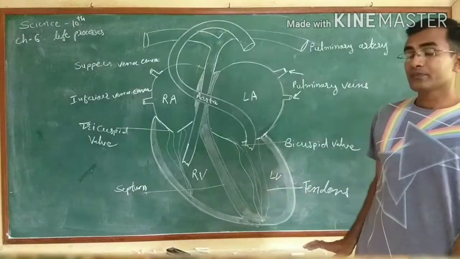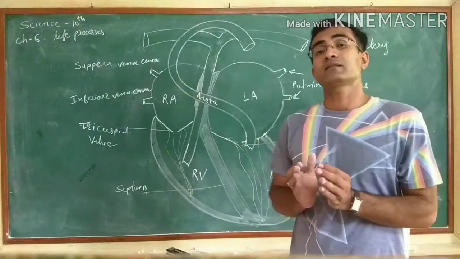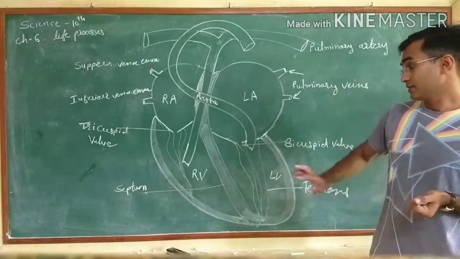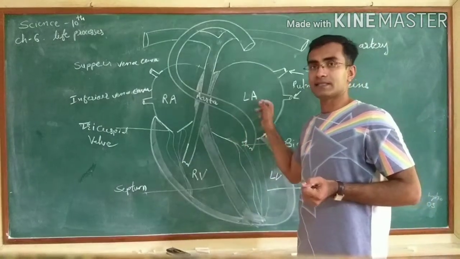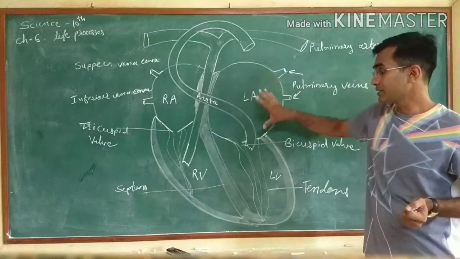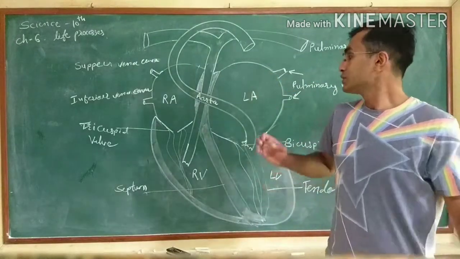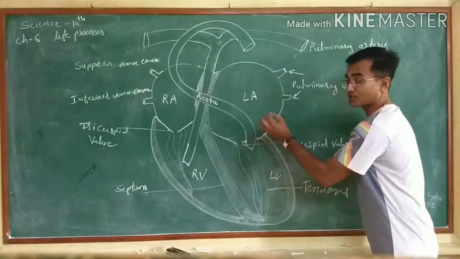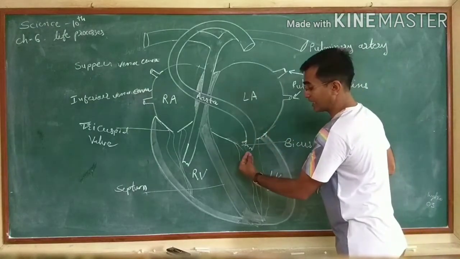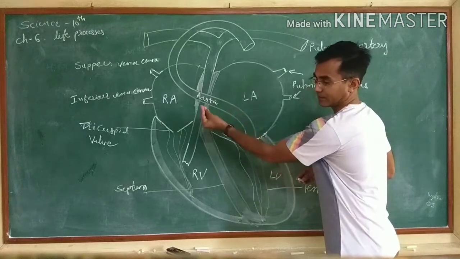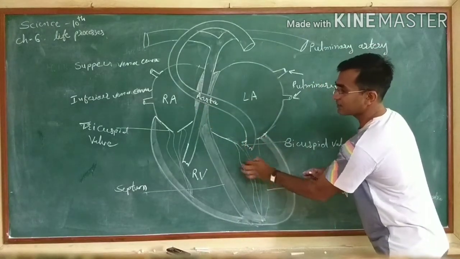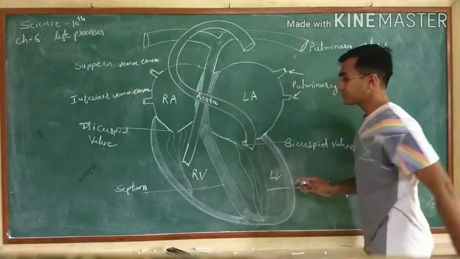Now when this compartment gets contraction, this valve gets closed. So the blood cannot go to the upper side into this compartment. Now here the pressure will build up. Due to that pressure, the oxygenated blood will flow into the aorta. Okay, understand the process. This will get squeezed and this blood will go into the aorta.